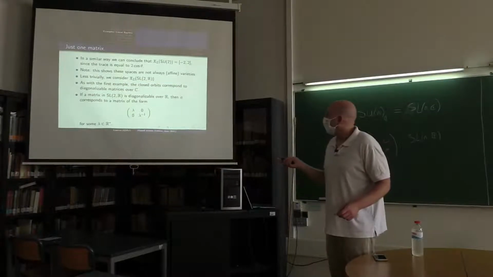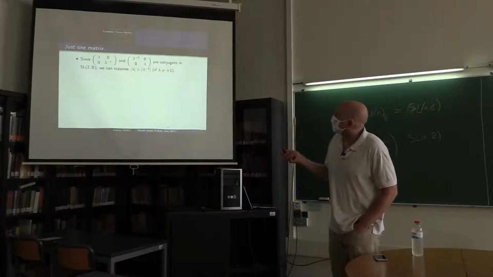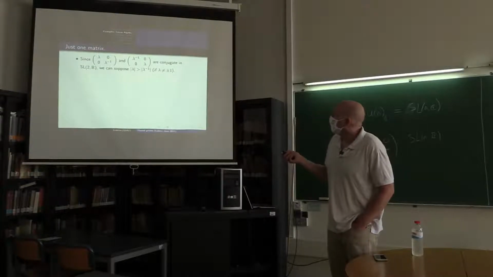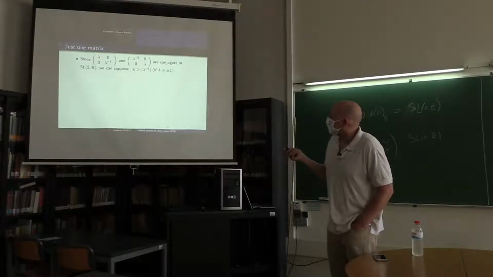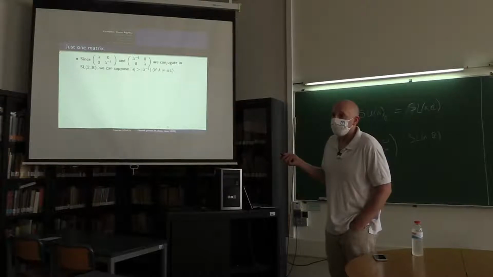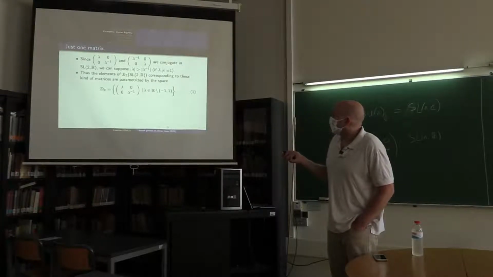Since these are conjugate, just by the Weyl group changing the order here, and since we can order elements in the real numbers, we can identify the set of matrices, which is equivalent to representations of the integers into SL2R, with two wings, like two rays.